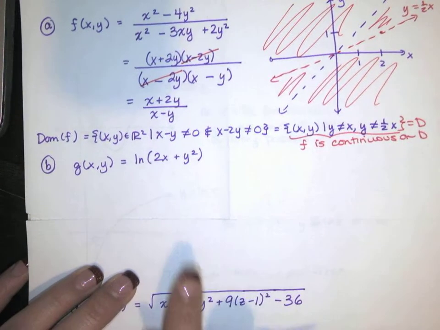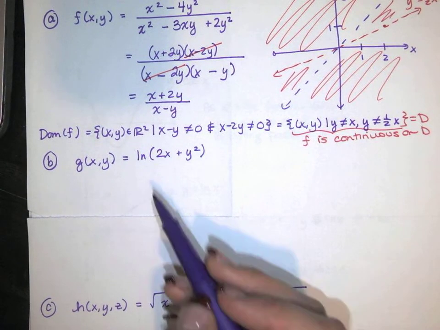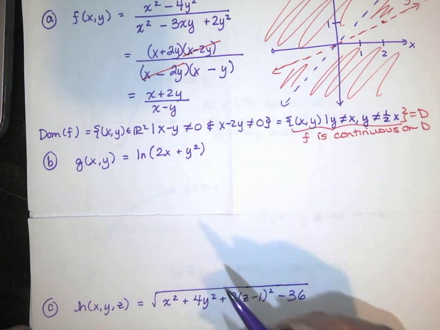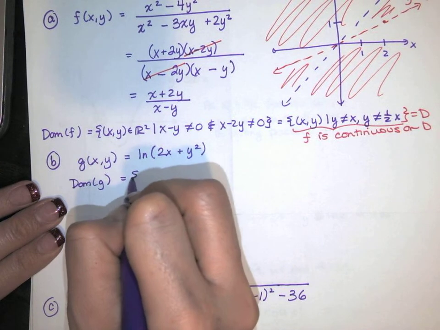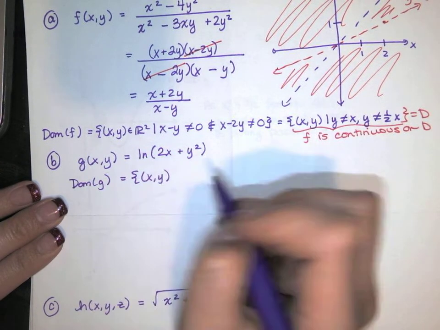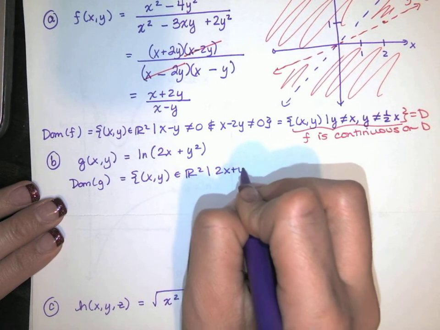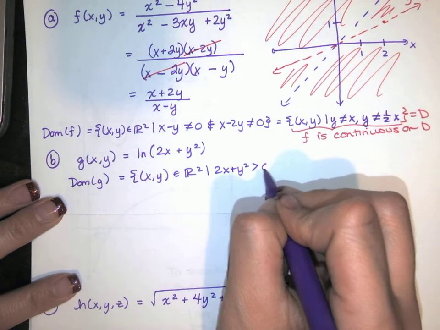Okay. This one, similar. It's a domain issue. Where is this function continuous? Well, it's got a log in it. You can't take the log of a negative number or 0. So the domain of G is going to be the set of all x, y in R2 such that 2x plus y squared, that's the expression inside the logarithm, has to be positive.